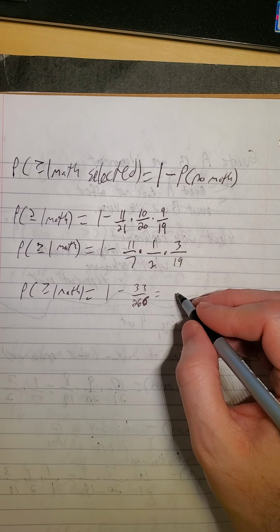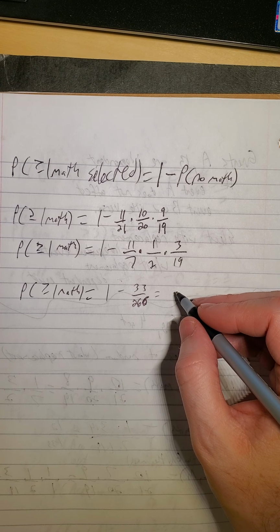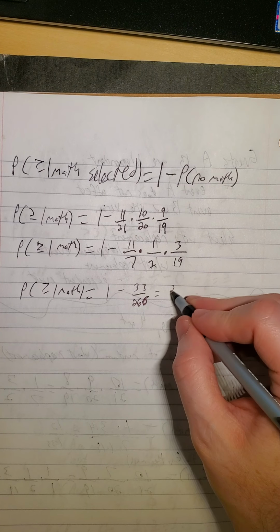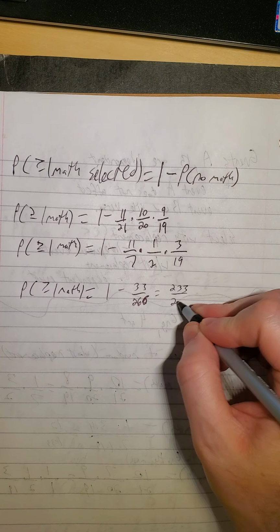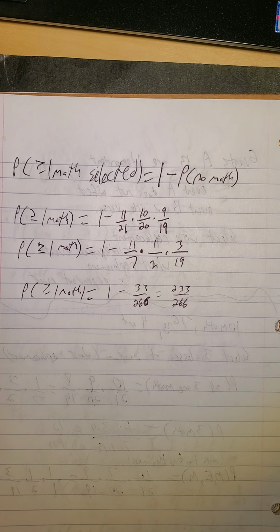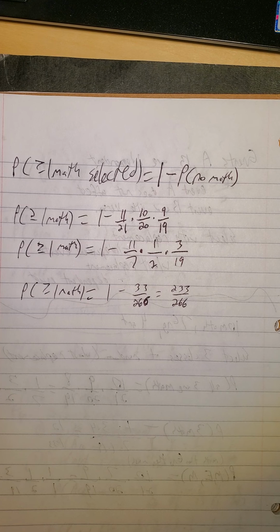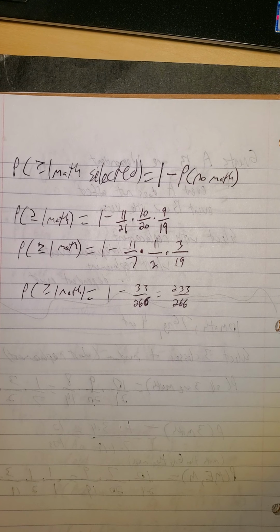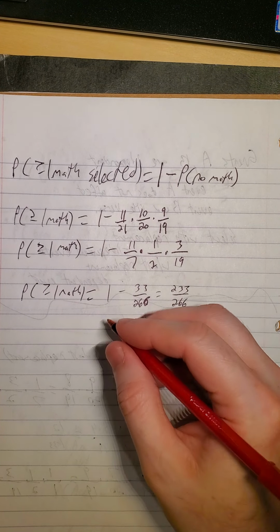So 266 minus 33 is 233 out of 266. So that's the probability that we'll select at least one math course. So pretty high. It's very likely we'll get at least one math course randomly selected.